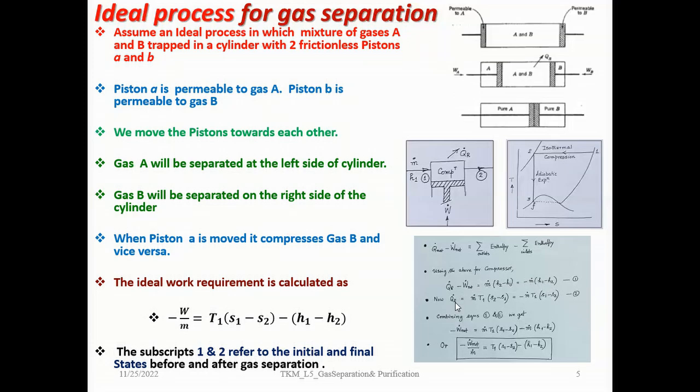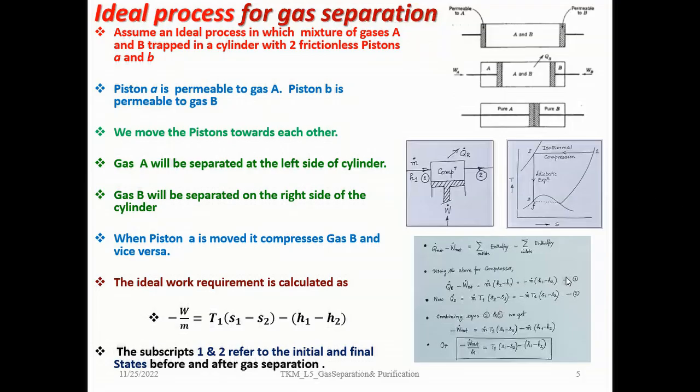What about the heat rejection? The heat rejection QR dot can be written as follows: you are taking the entropy of the system from initial state 1 to the final state 2, and therefore the heat rejection will be M dot T1, at a constant temperature, times S2 minus S1. S2 is the final state minus the initial state.